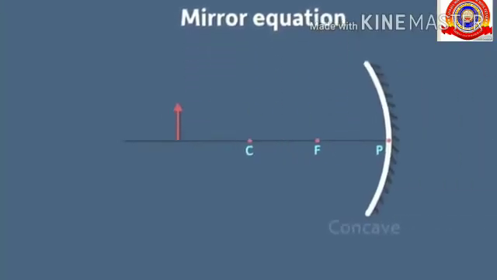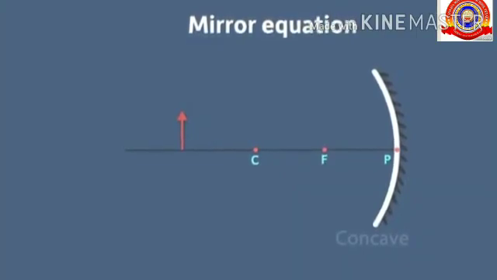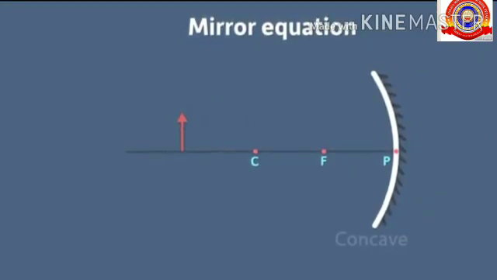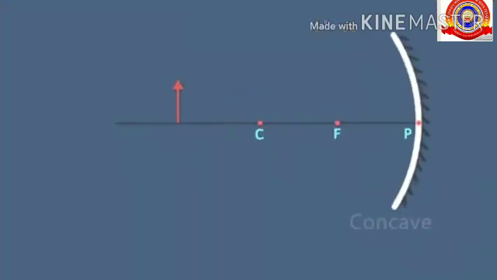Next one, we are going to study the mirror equation. For that, here you can see a concave mirror, and there is a question: should we draw a concave or convex mirror here? The answer is that the mirror equation works for both mirrors. So let's start with the concave mirror. You are already familiar with all of the symbols here.